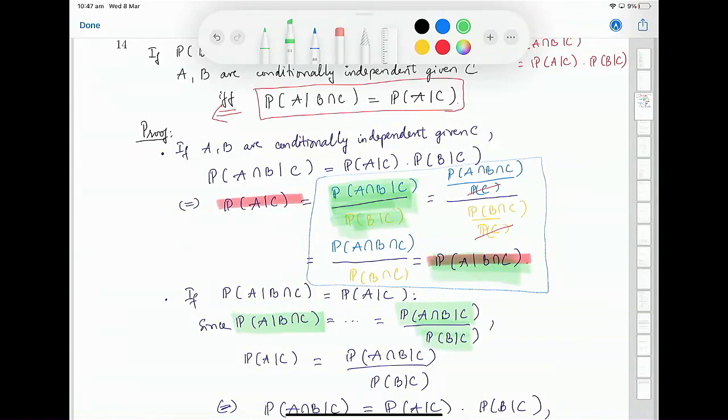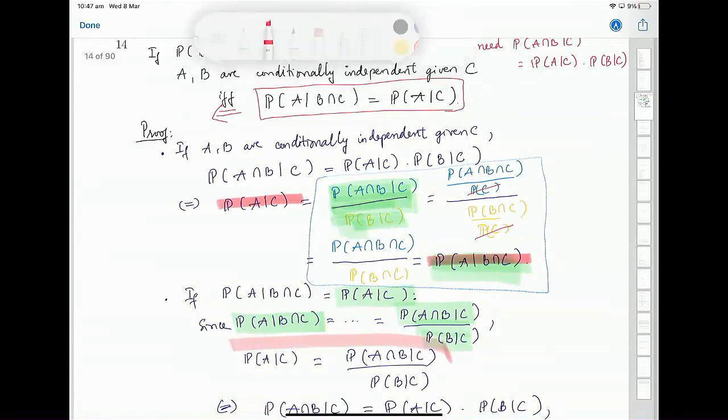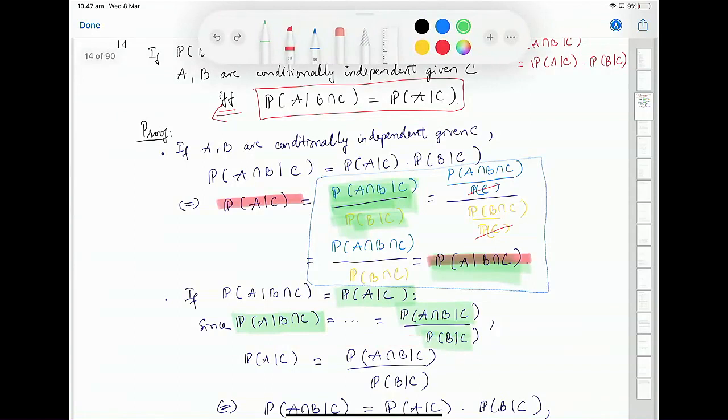And then because from the assumption, I have the left-hand side equals to probability of A given C, which means that I have these two equal. Right? This one equals to this one.